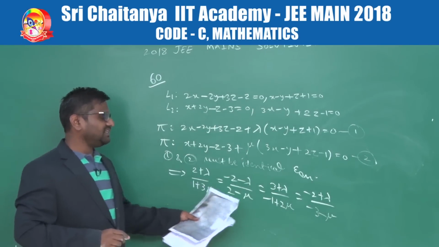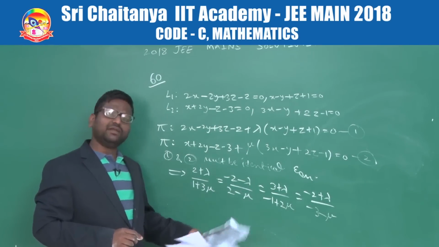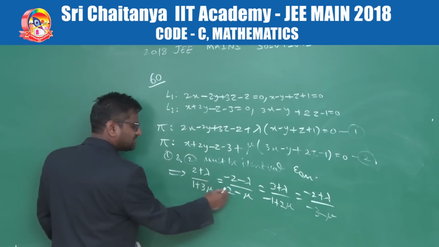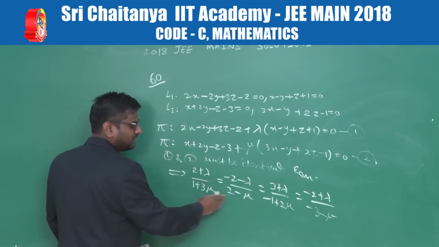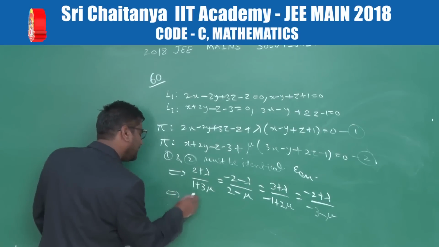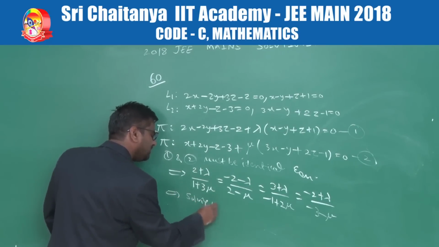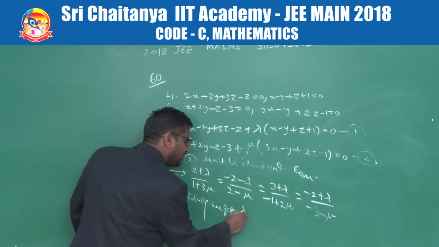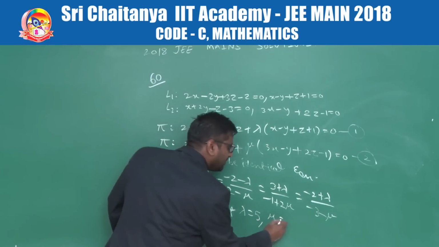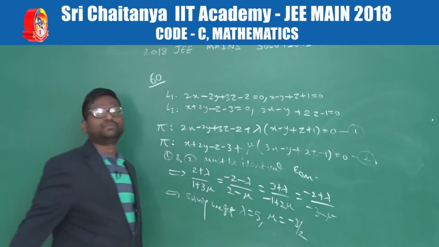So we have got a set of equations in the variables lambda and mu. So if we cross multiply each two equations and solve, we get lambda equal to 5, mu equal to minus 3 by 2, right.